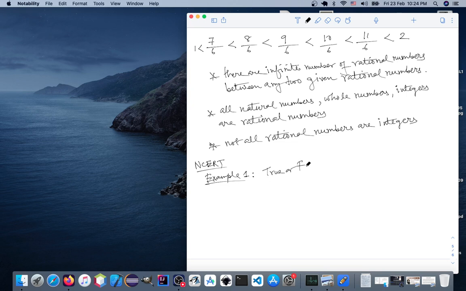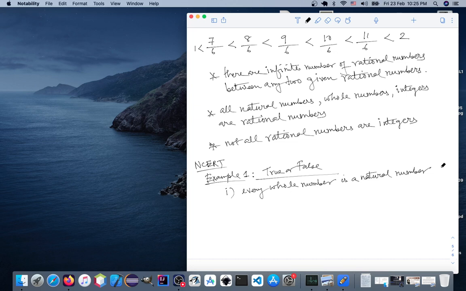True or false? 1. Every whole number is a natural number.